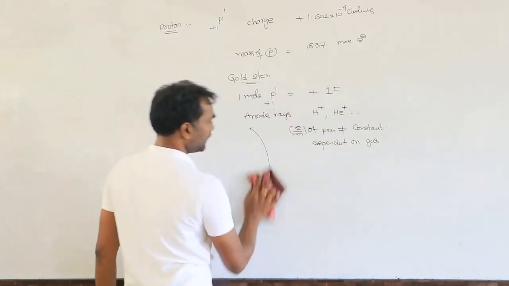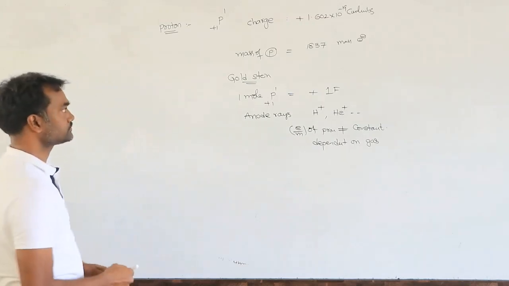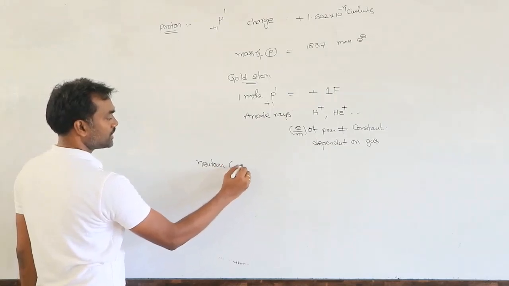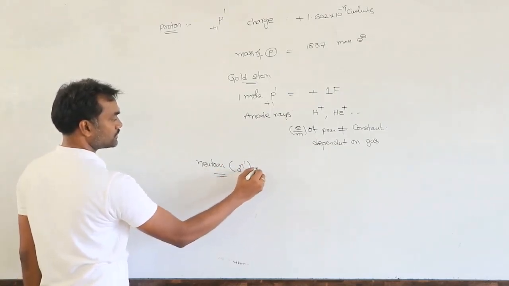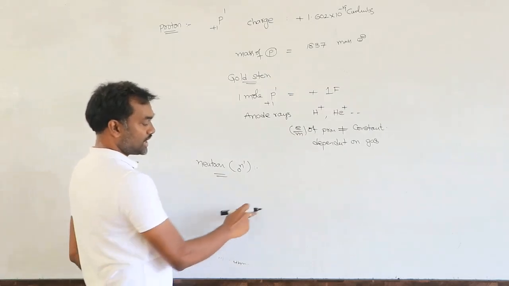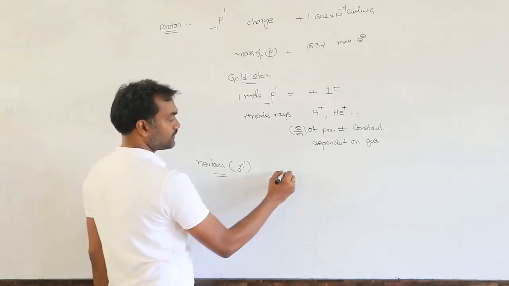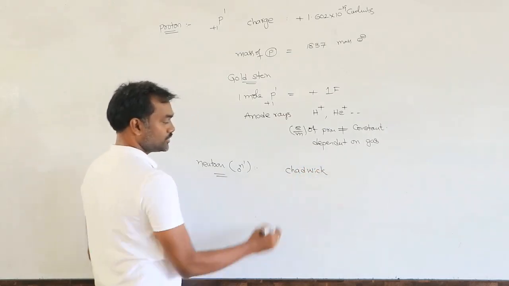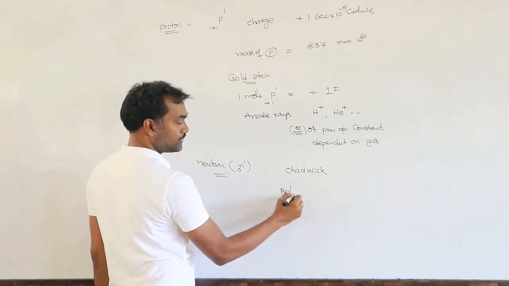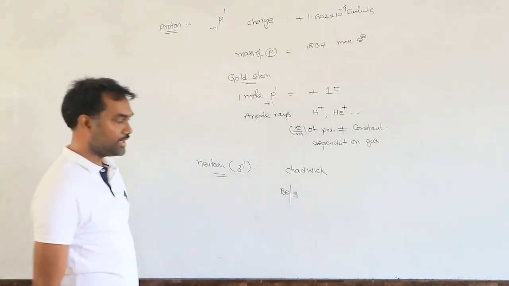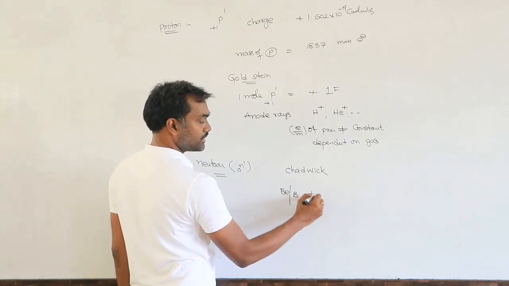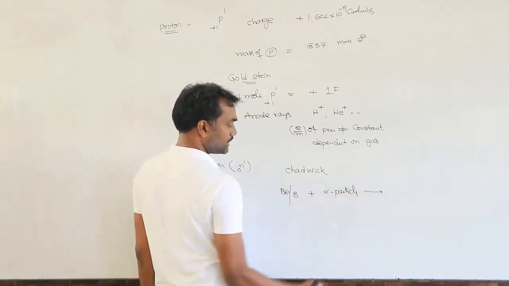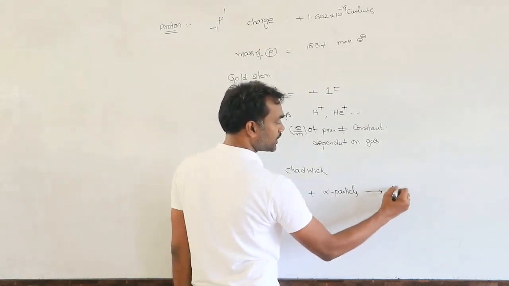Next, about neutrons. The neutron is indicated with 0, 1. There is no charge for neutrons. They were identified by Chadwick. When beryllium or boron atoms are bombarded with alpha particles, neutrons are generated.